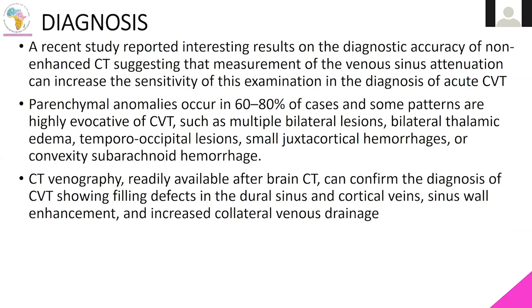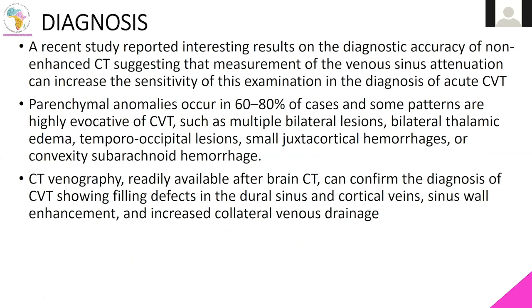A recent study reported interesting results on the diagnostic accuracy of non-enhanced CT, suggesting that measurement of the venous sinus attenuation can increase the sensitivity of this examination in the diagnosis of acute CVT. Parenchymal anomalies occur in 60 to 80% of cases, and some patterns are highly evocative of CVT, such as multiple bilateral lesions, bilateral thalamic edema, temporo-occipital lesions, small juxtacortical hemorrhages, or convexity subarachnoid hemorrhages.